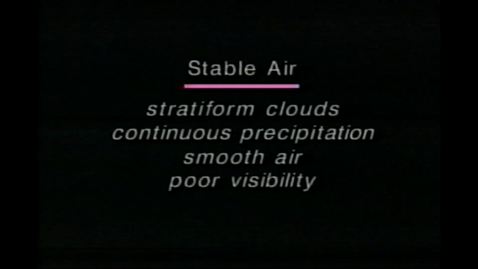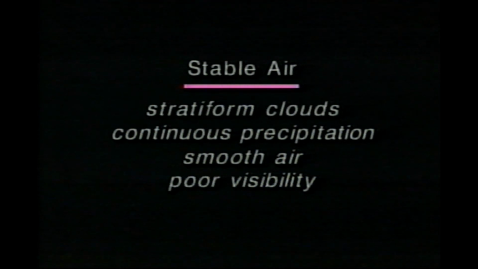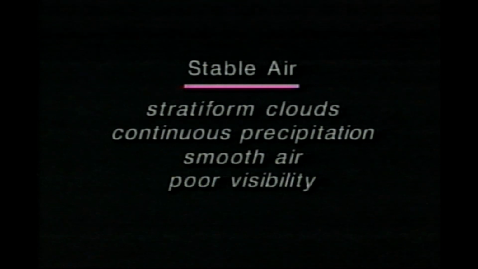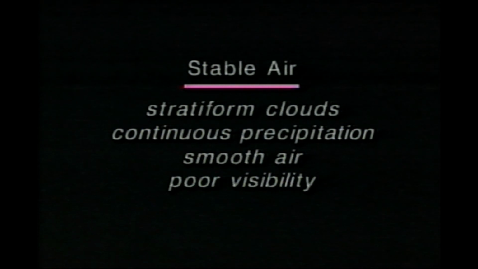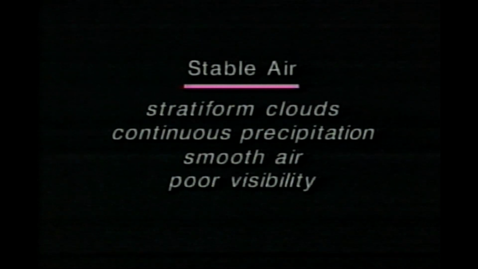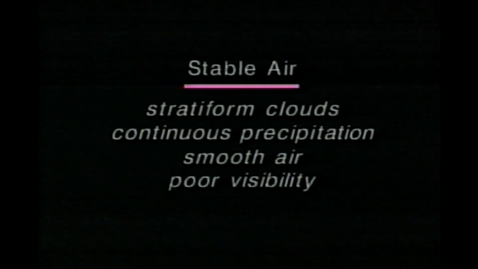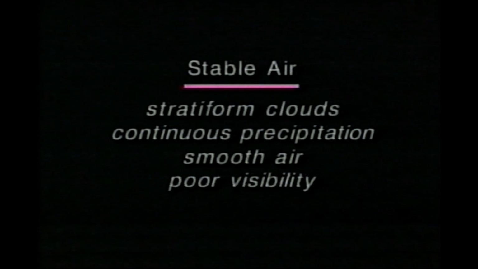Stable air, on the other hand, is characterized by stratiform or layered clouds. Precipitation will be continuous, the air will be smooth, and visibility will be fair to poor because of haze or smoke. We'll see later how the instability of an air mass enters into the formation of thunderstorms.